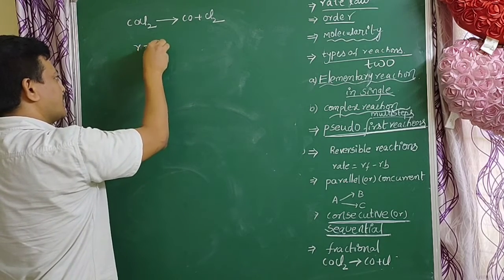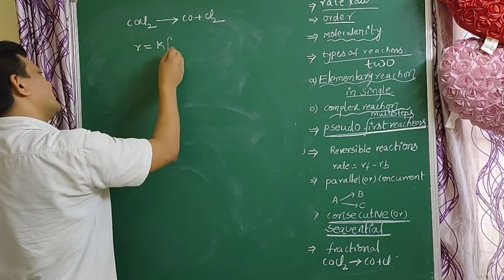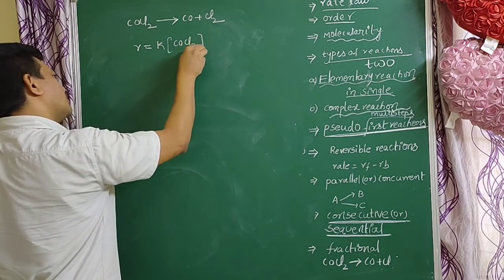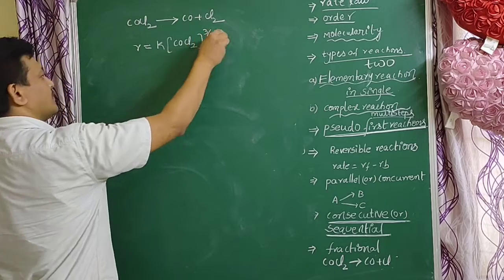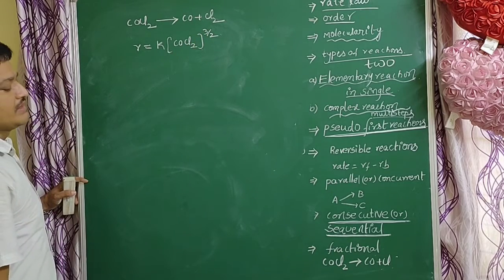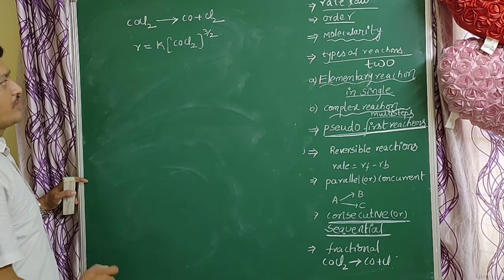Here rate equals K into COCl2 whole power 3 by 2. So the order of the reaction is 3 by 2, that means 1.5.